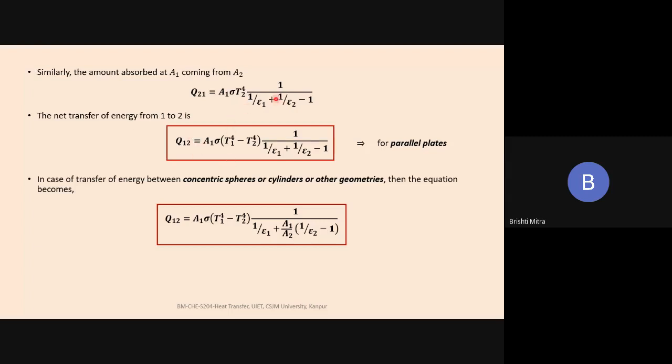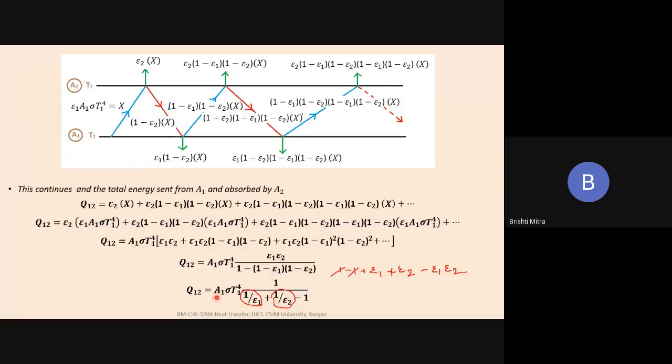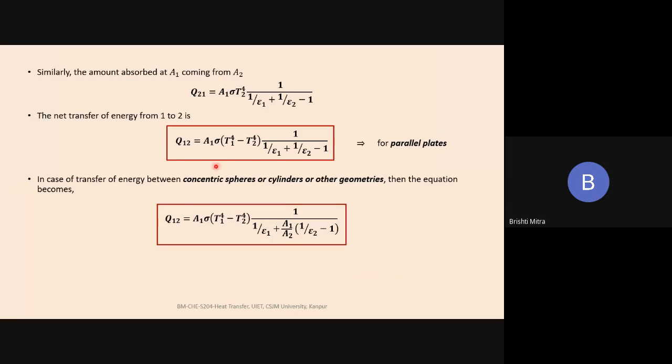This term is identical in both, so we can take that term common, and the net rate of transfer of energy from 1 to 2 is A1 sigma into T1 to the power 4 minus T2 to the power 4 divided by 1 by epsilon 1 plus 1 by epsilon 2 minus 1.